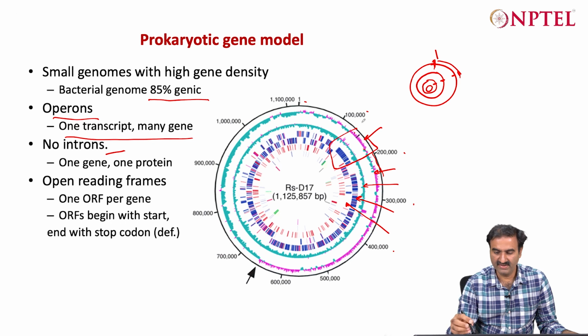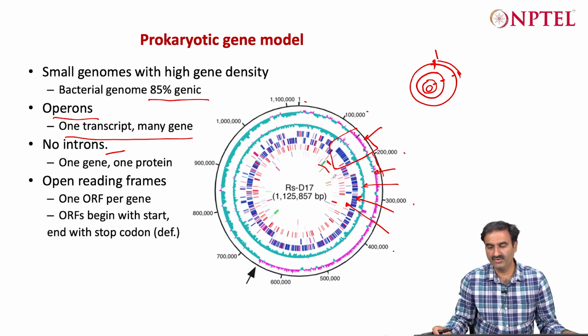In this region the GC content is this, and the genes are shown here on the forward strand and on the reverse strand, and then this part shows the pseudogenes, and this shows the tRNA and other information in that genome. So that is why it is easier and better to map.